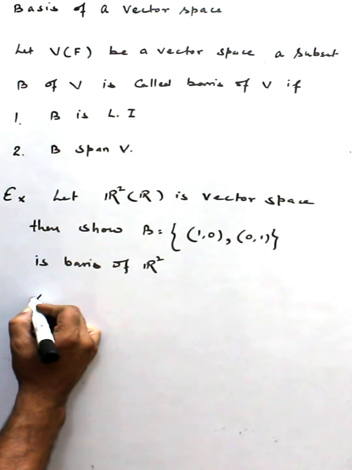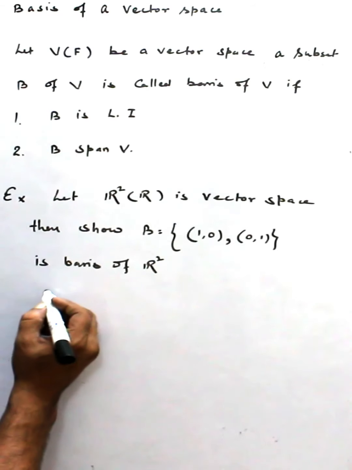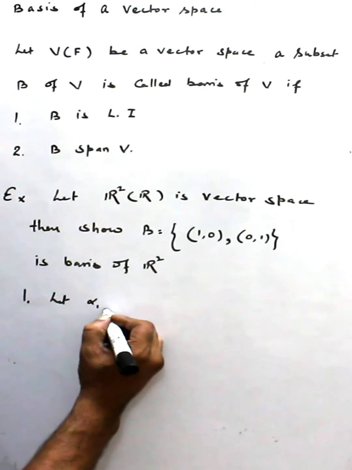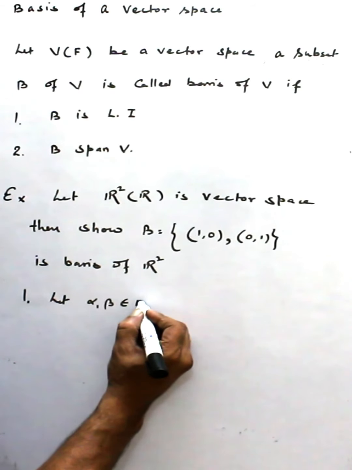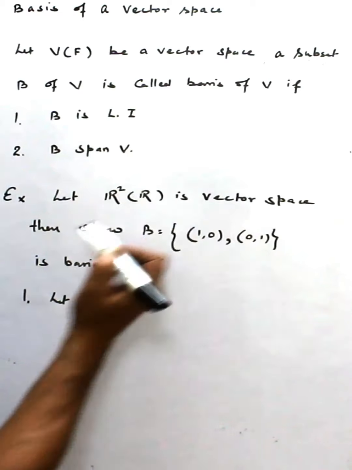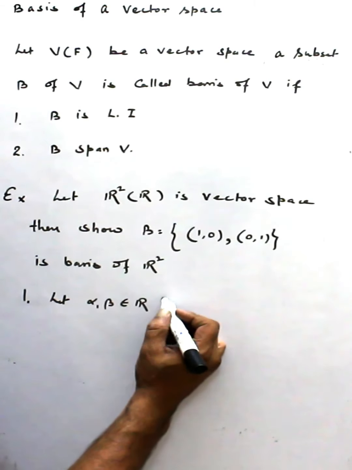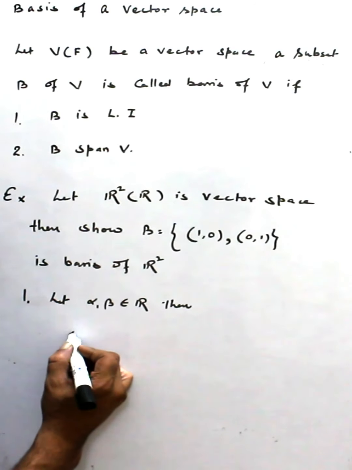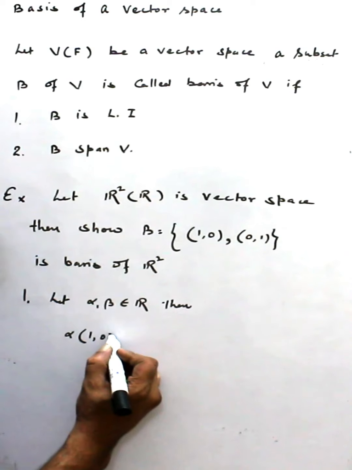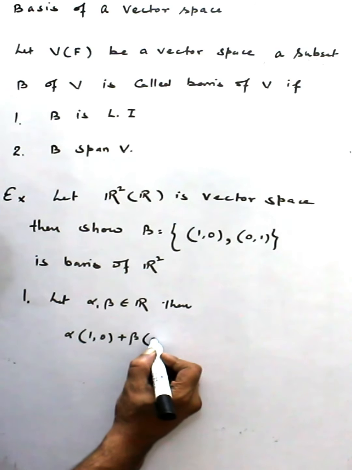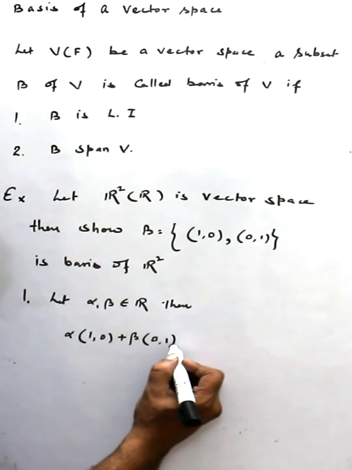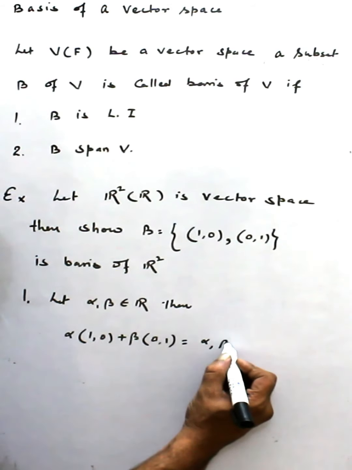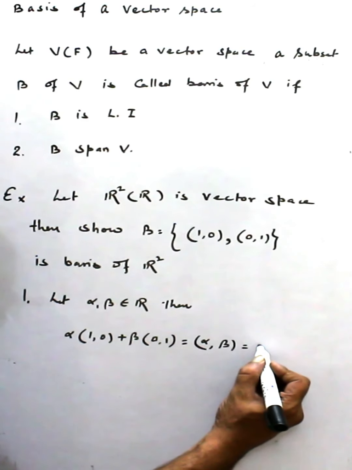So first we show the first condition. Let alpha, beta belong to R. R is the field we are taking here. Then alpha (1, 0) plus beta (0, 1) is equal to 0.